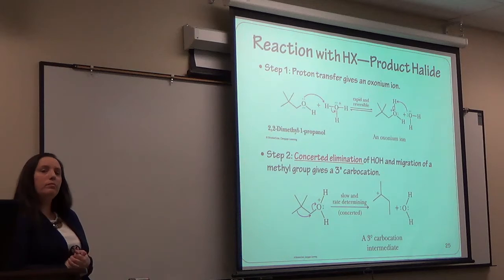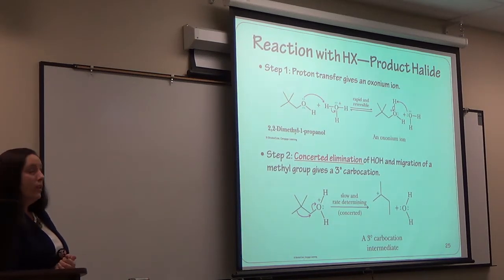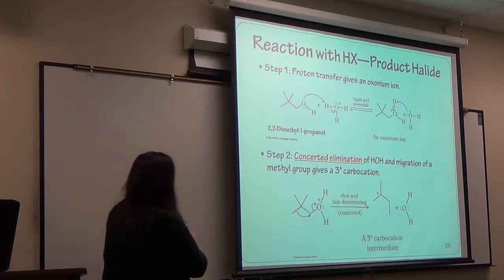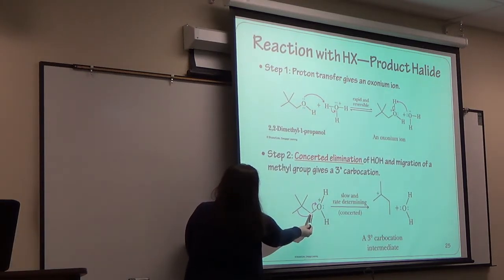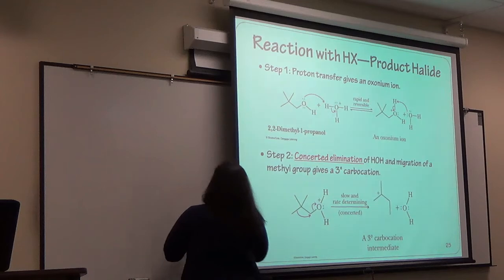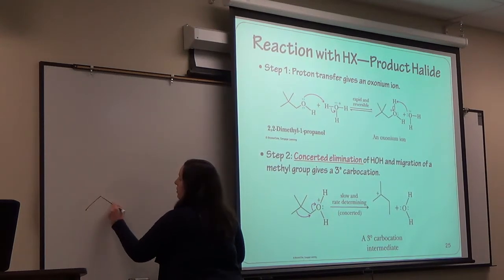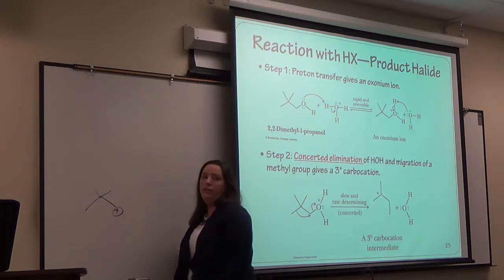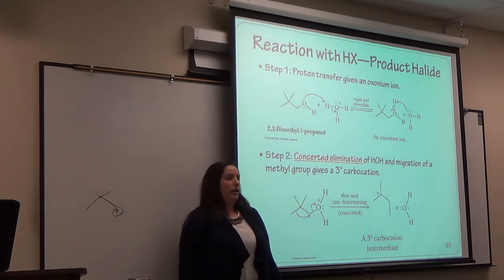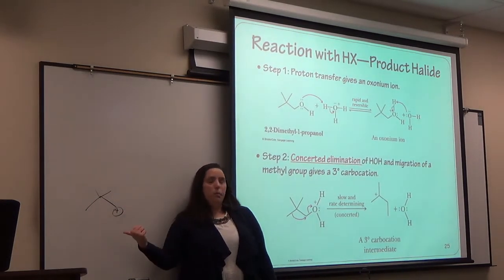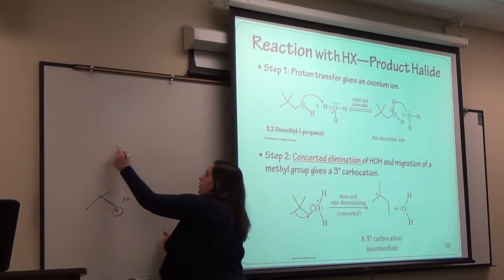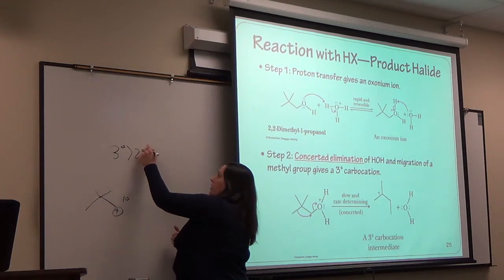So that can't be a carbocation. Why is it too unstable? So this is primary. If the water left, then the carbocation is here. That's a primary spot. That's too unstable. So remember, tertiary, secondary, primary.